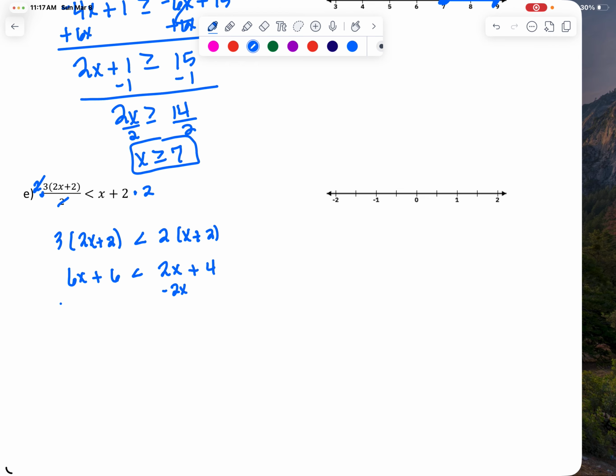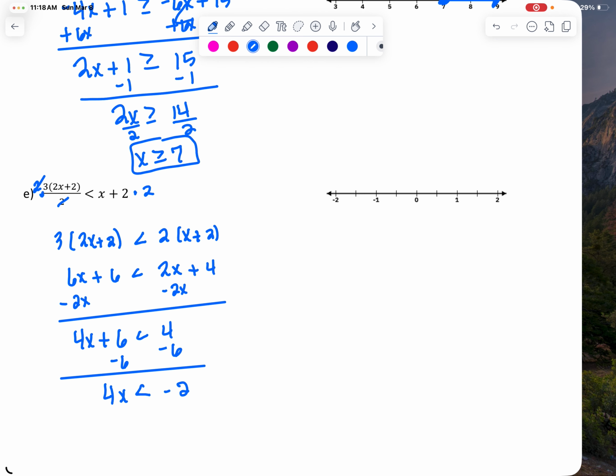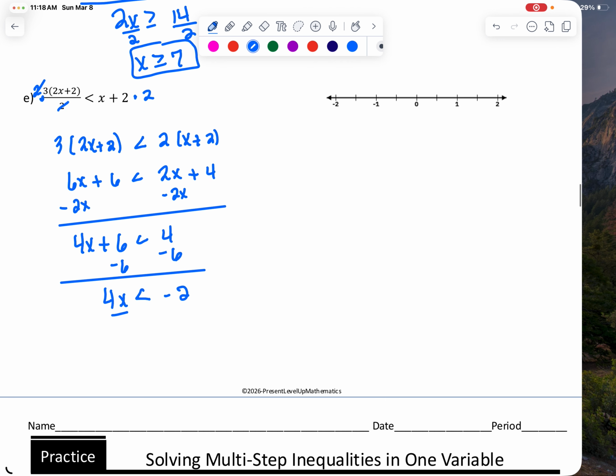Subtract 2x. So 4x plus 6 is less than 4. Subtract 6. So 4x is less than negative 2, and then divide by 4. Oh, be very careful here.